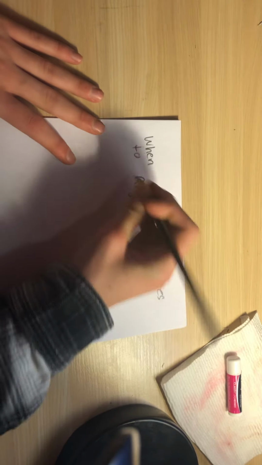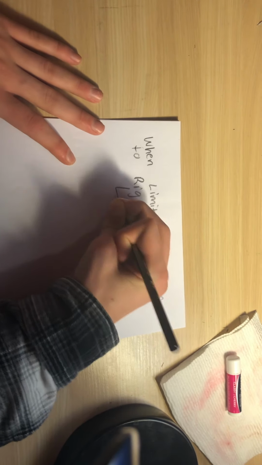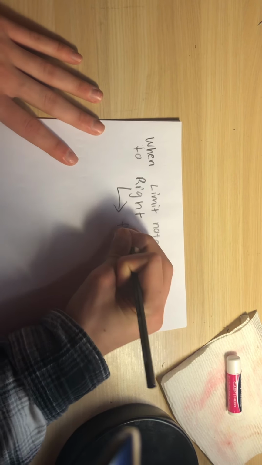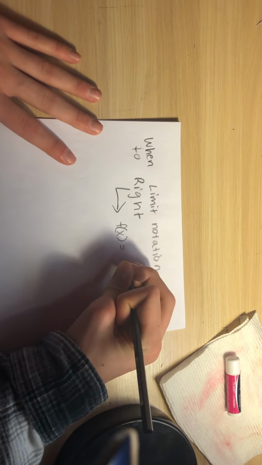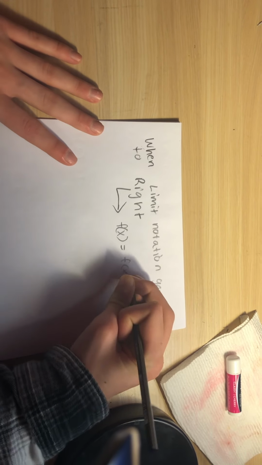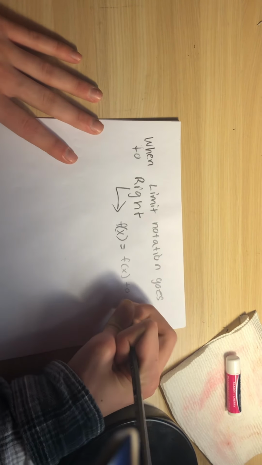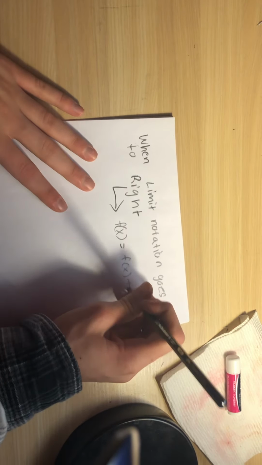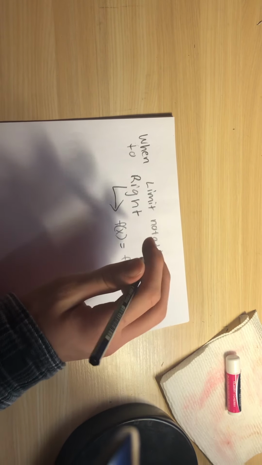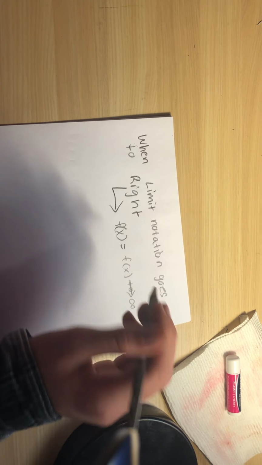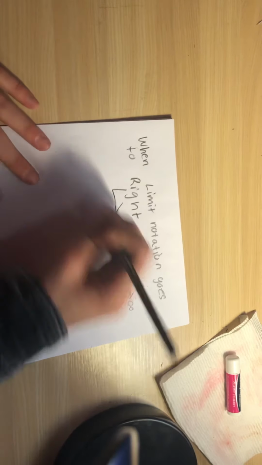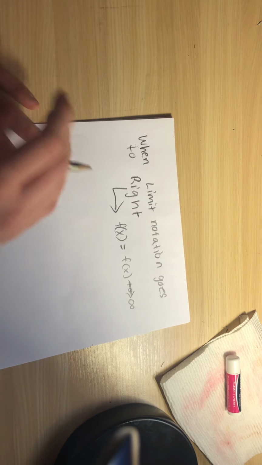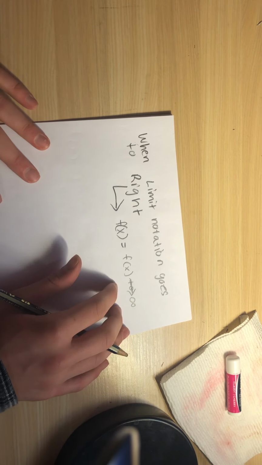When it goes to the right, that means f of x approaches infinity. So when limit notation is going to the right of a graph, that means it's approaching infinity.